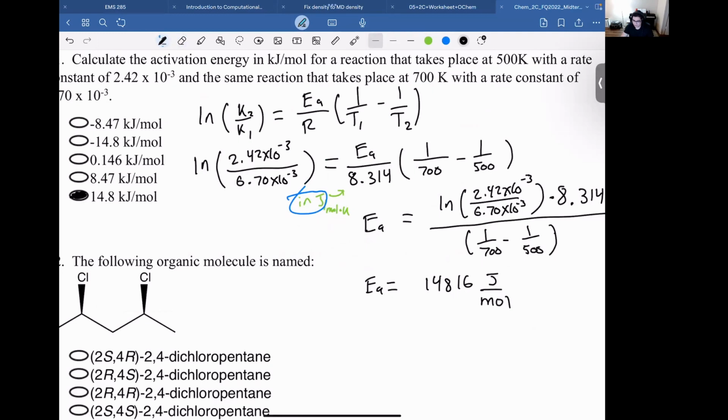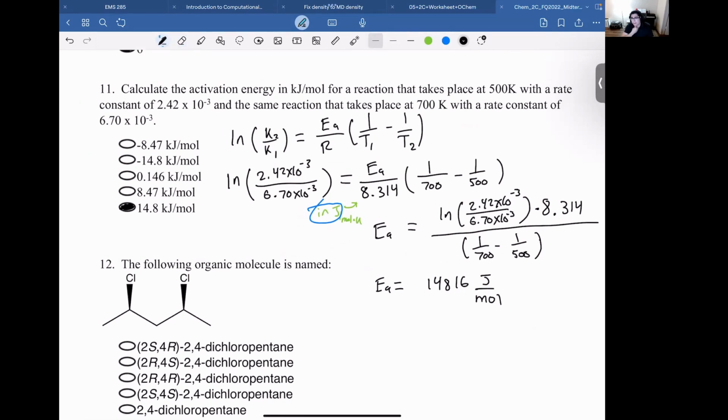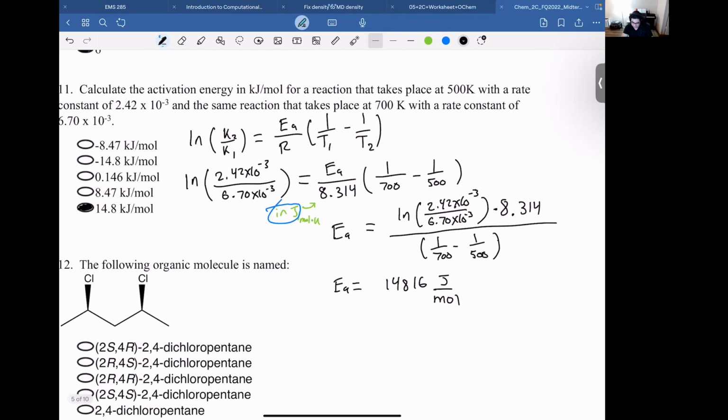Any questions on this one? Take the equation, make sure you use the right one. Don't be like me. Then plug in and solve algebraically. Do make note of the units of activation energy. It is in joules, not kilojoules, in both formulas. Wait, on the equation sheet, it says it is T2 minus T1, and they do T2 minus T1, but I think they swap the two Ks.